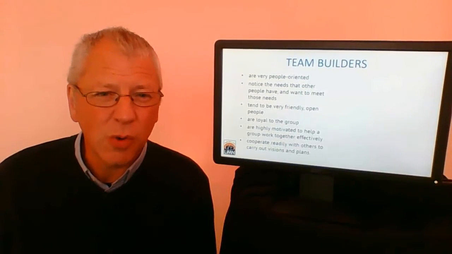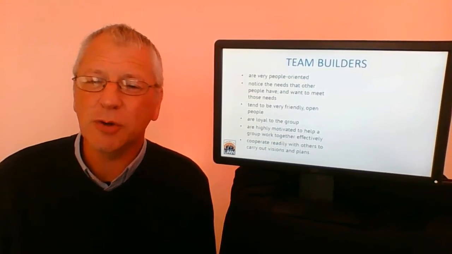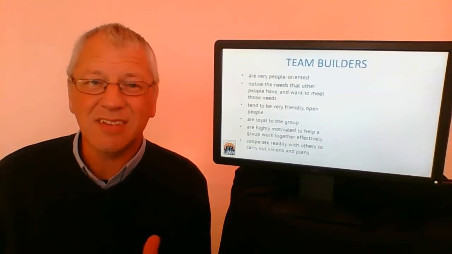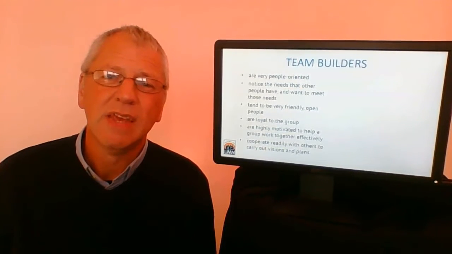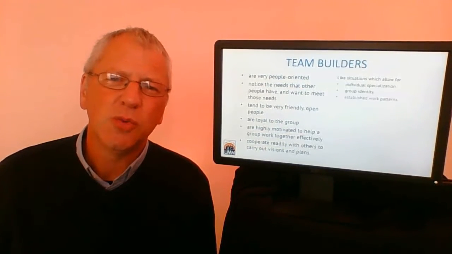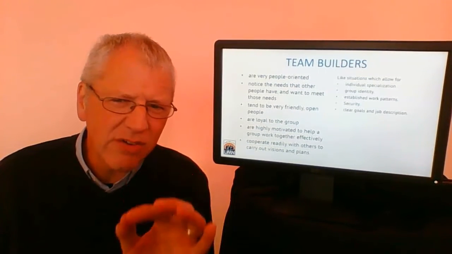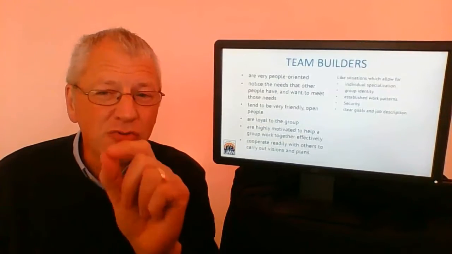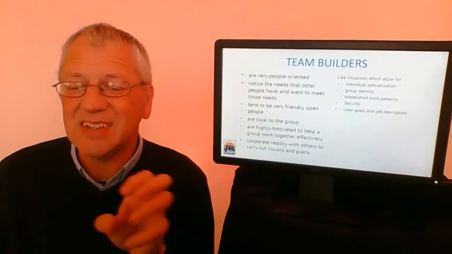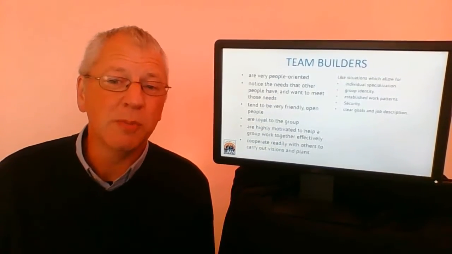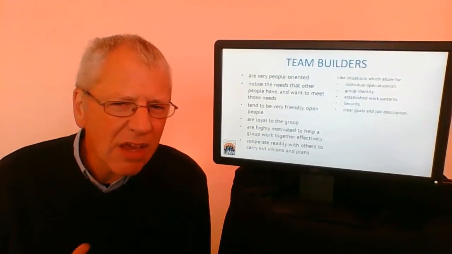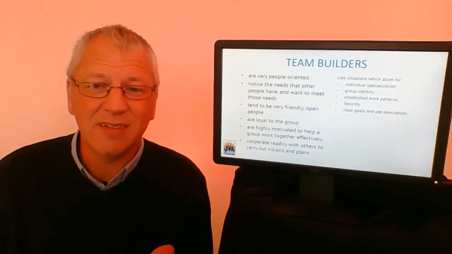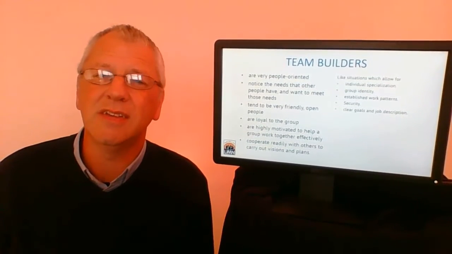They want to cooperate with others and carry out plans and visions as a team. And they like situations where they can bring their individual speciality, and maybe they can draw out the particular skills that other people may have. They like having a sense of group identity rather than just a personal identity.